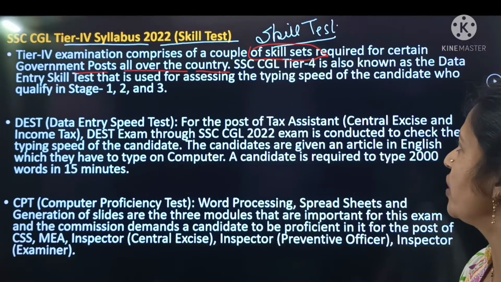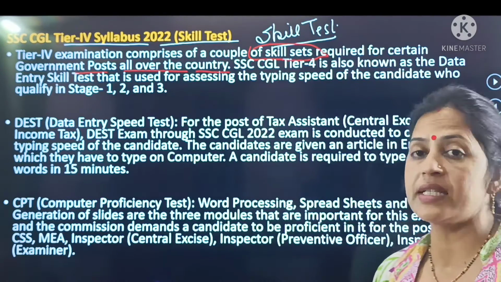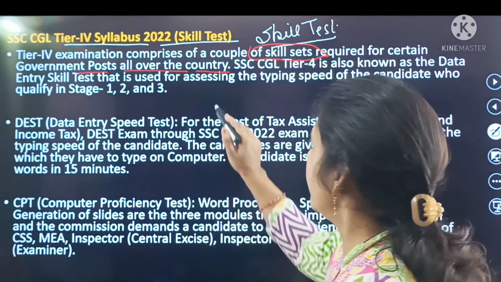SSC CGL Tier 4 is also known as the data entry skill test.